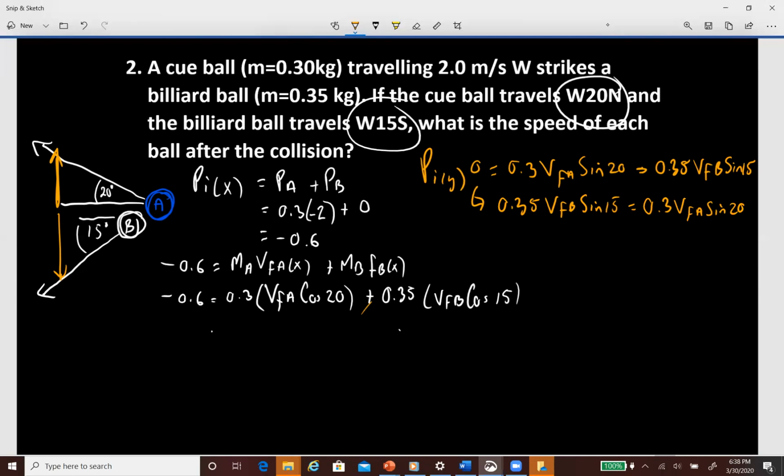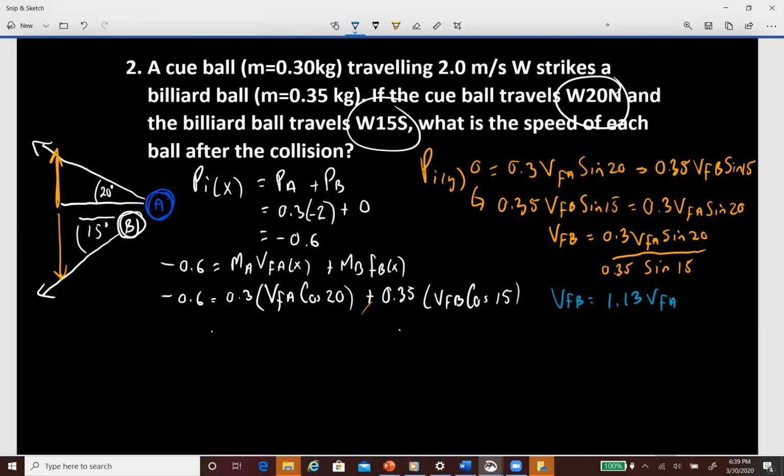Then I can simplify for VFB and say that VFB is equal to 0.3 VFA sine 20 over 0.35 sine 15. So VFB is equal to 1.13 VFA.